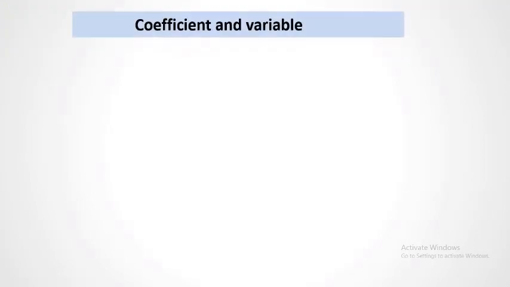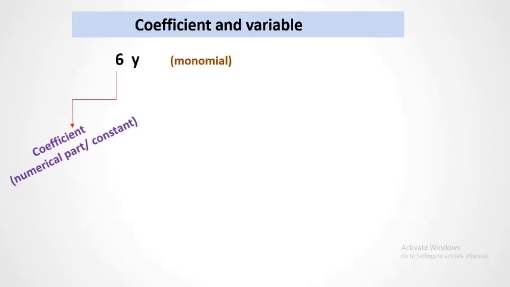The coefficient and variables. We said that 6y is a monomial. 6 is the numerical part in this monomial, which is the coefficient or the constant number. And the variable part is the literal part in this monomial.